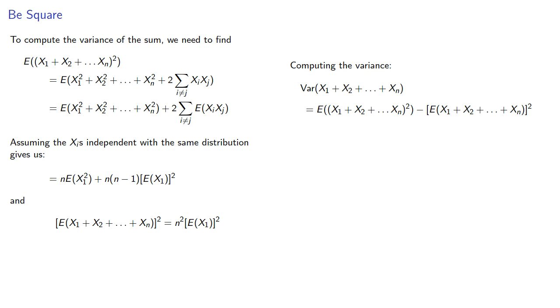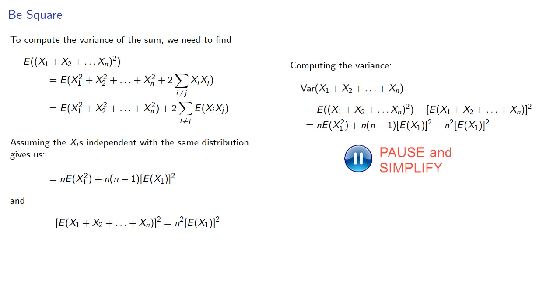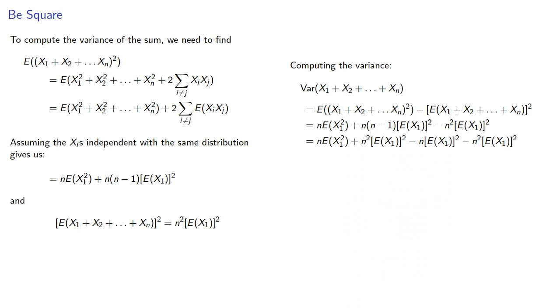Replacing each of these, doing a little bit of algebra, both terms now have a factor of n, so we'll remove that factor. And notice that what's left over is just the variance of x1.